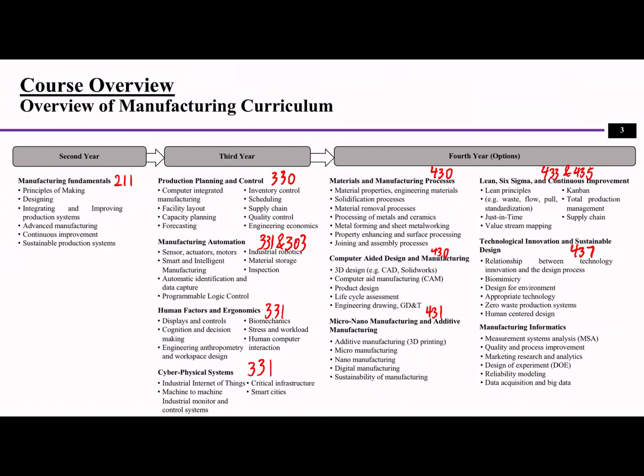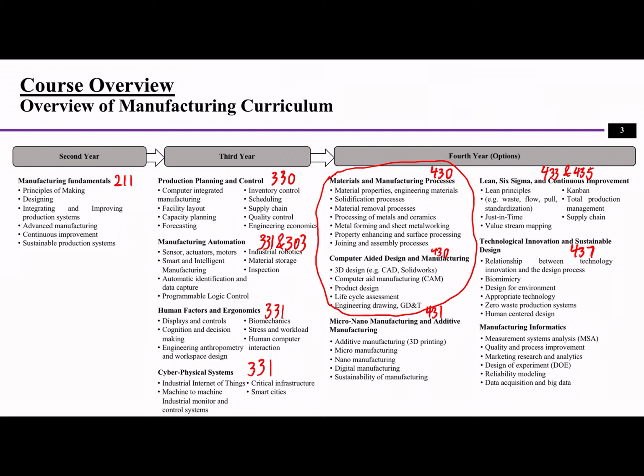Here, mainly it's about how to use data analysis to deal with manufacturing problems, including design of experiments, different measurements, system analysis, quality and process improvement, reliability, and also big data. So these are all the different concentration courses.